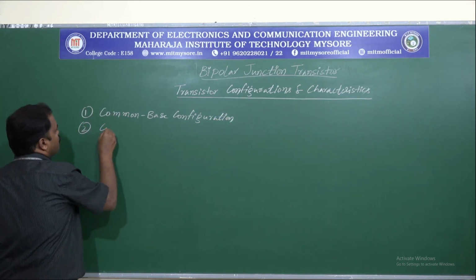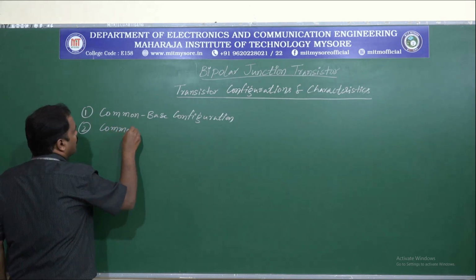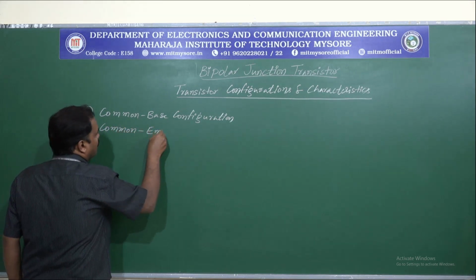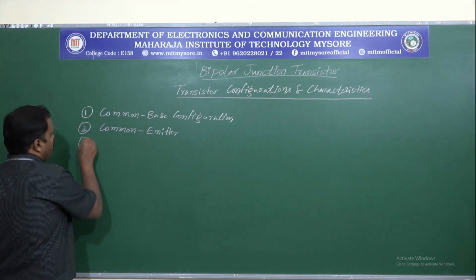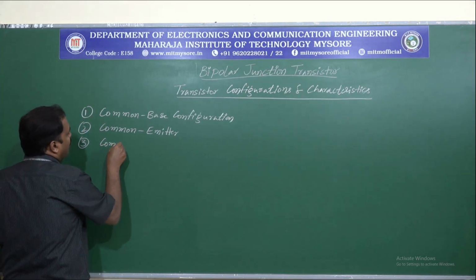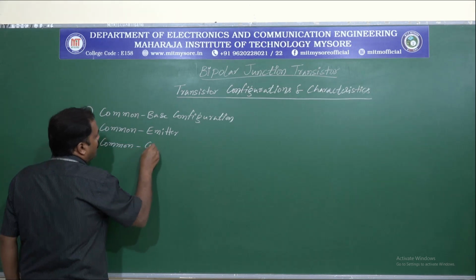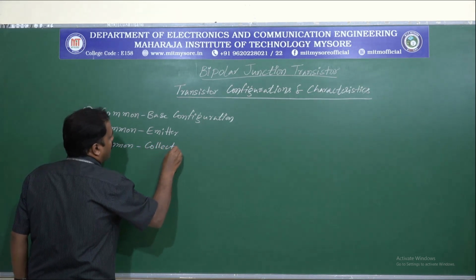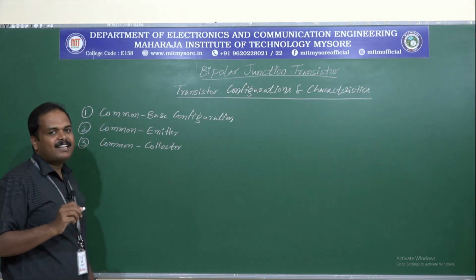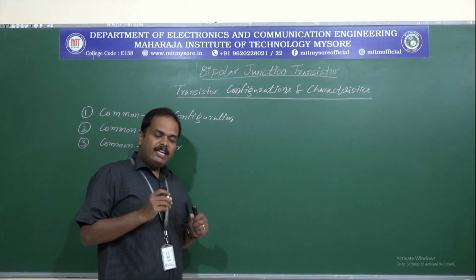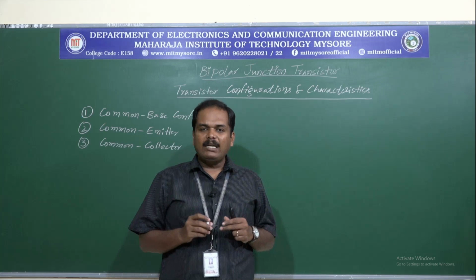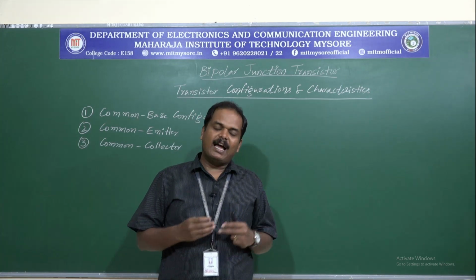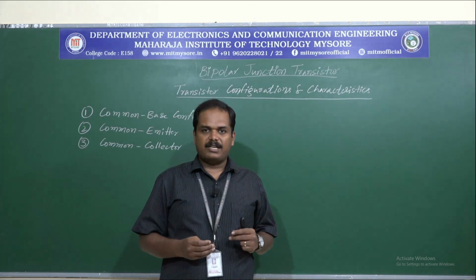Common base configuration, common emitter configuration and common collector configuration. In any BJT circuit considered, there will be two parts: one is the input circuit, the other is the output circuit.